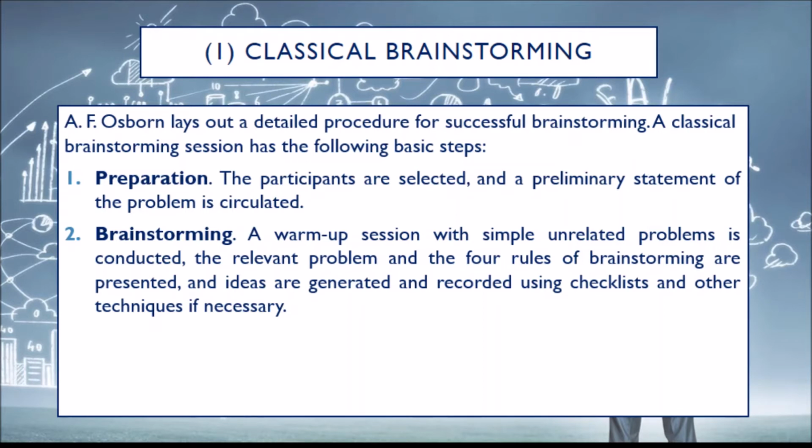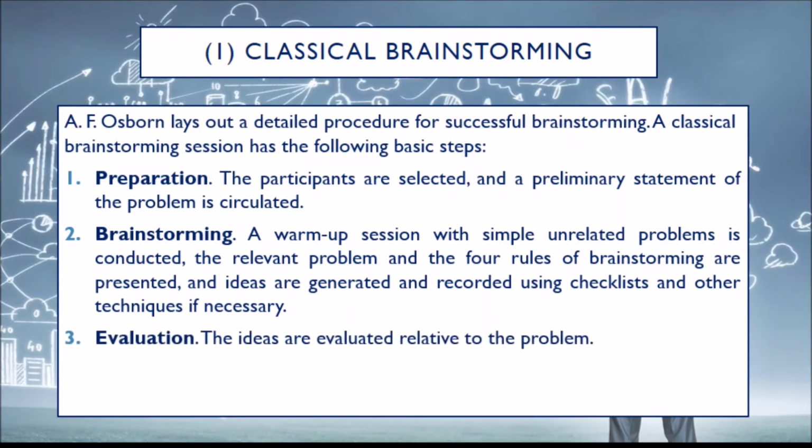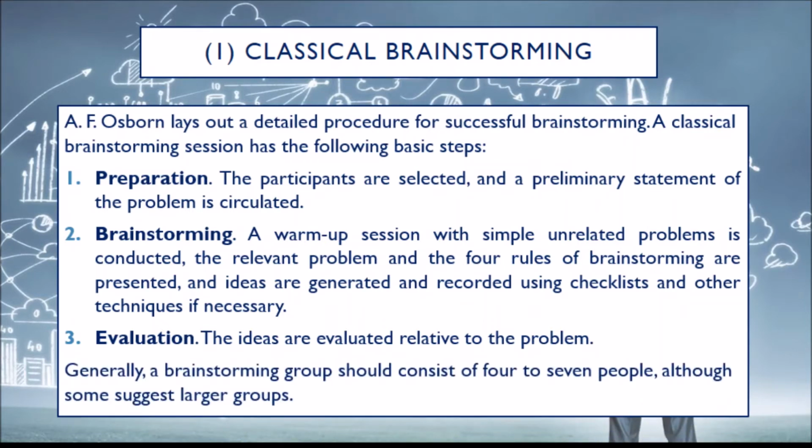The relevant problem and the four rules of brainstorming are presented, and ideas are generated and recorded using checklists and other techniques if necessary. Third is evaluation. The ideas are evaluated relative to the problem. Generally, a brainstorming group should consist of 4 to 7 people, although some suggest larger groups.